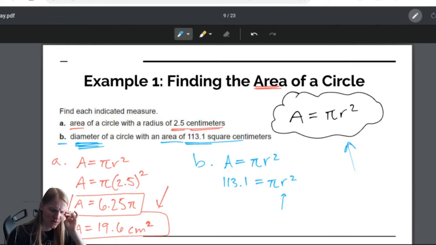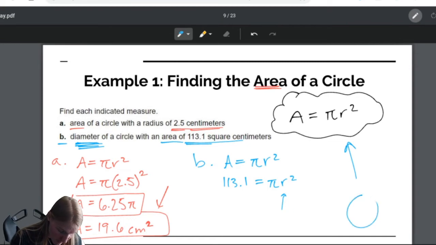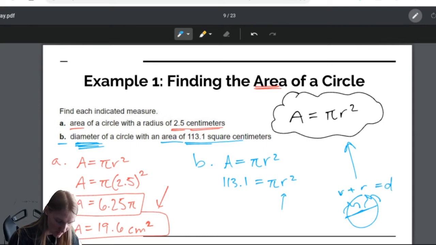Is there a diameter in our formula there? No. Oh, no. Oh, but wait. Remember that if I can find the radius, 2 of those make up a diameter. Because here's a radius, and here's a radius. So radius plus radius equals diameter. Or 2 radiuses equal a diameter. So if we can find the radius, all we have to do is multiply it by 2 to get our diameter.